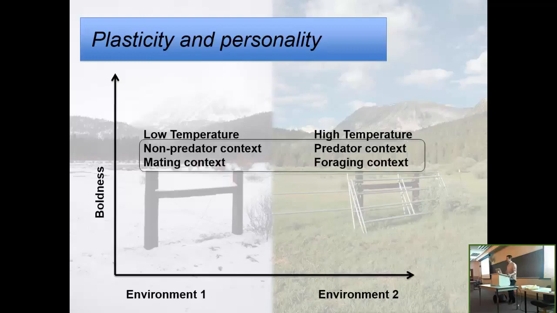And I trapped only males for obvious logistical reasons, since testing a female on her special day would make it tough. But what I've done is to manipulate each of these variables in a 2x2 factorial fashion. So each individual experiences each combination of these environments.